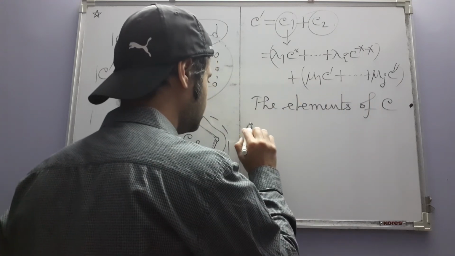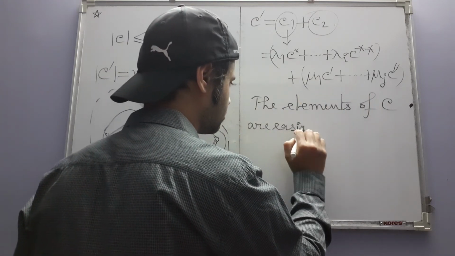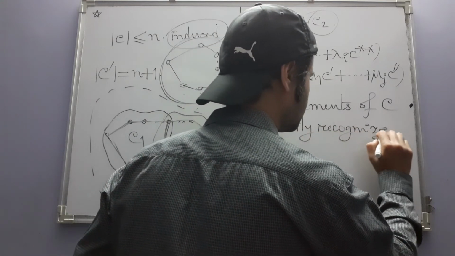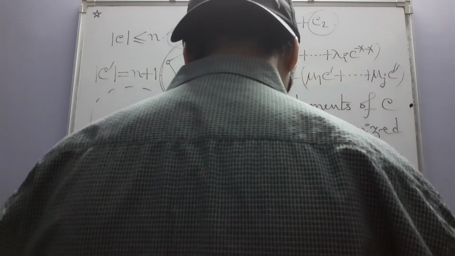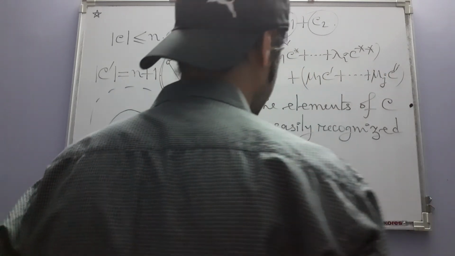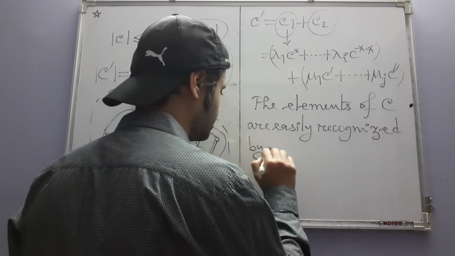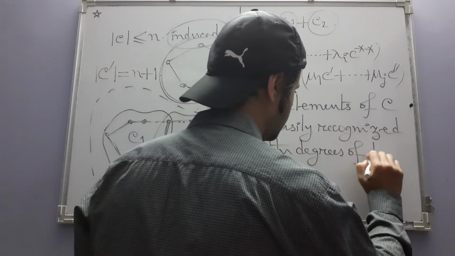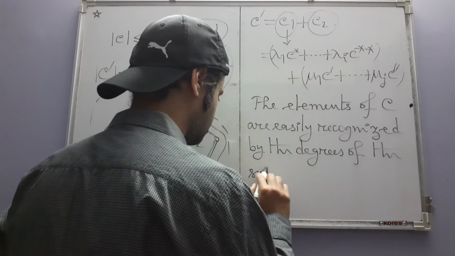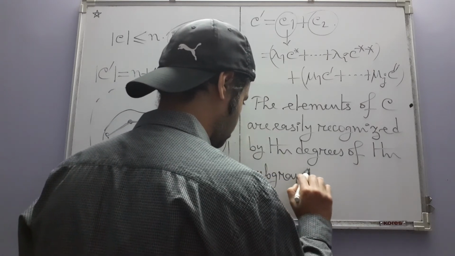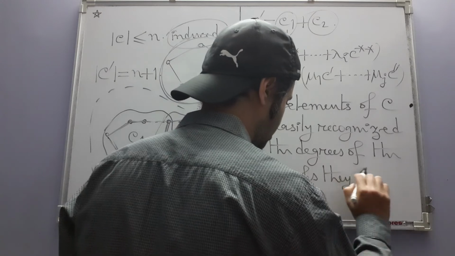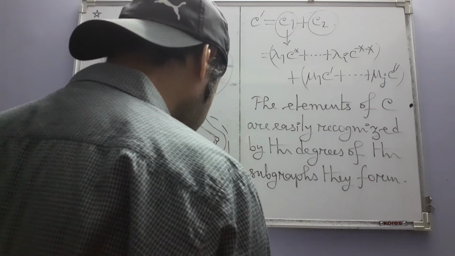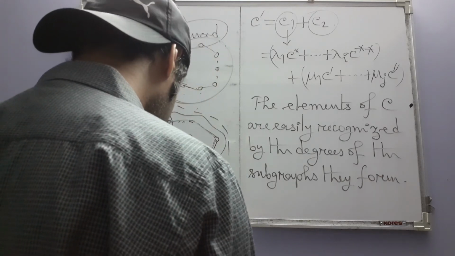The elements of C are easily recognized by the degrees of the subgraphs they form. And in fact, we do not need arbitrary symmetric difference, but rather disjoint union.